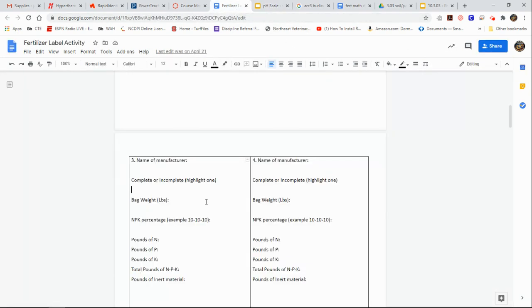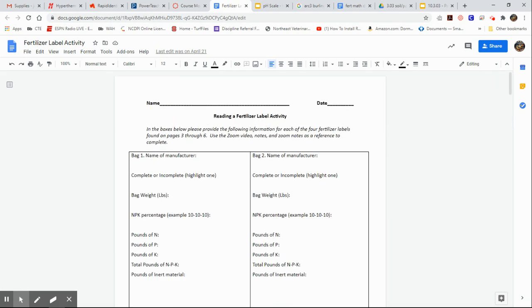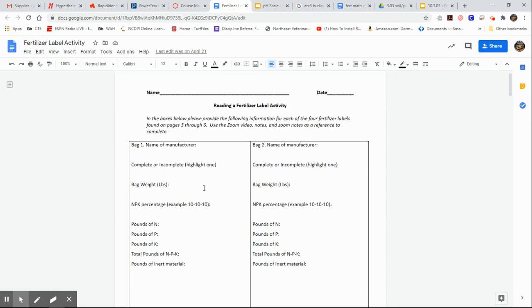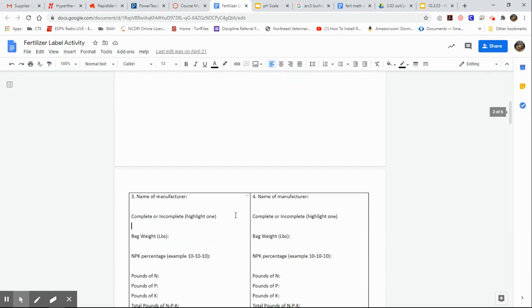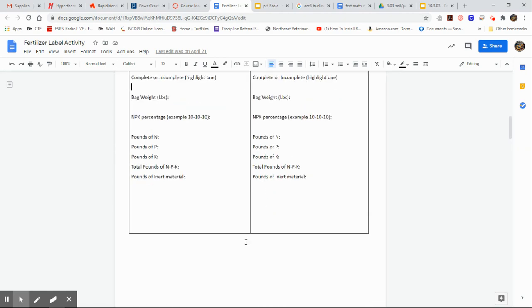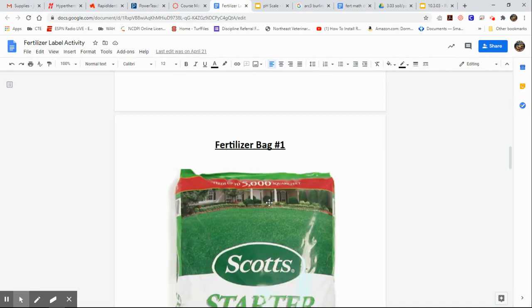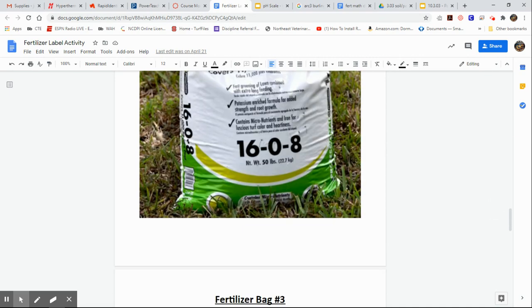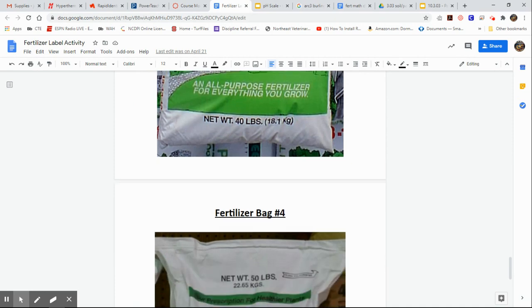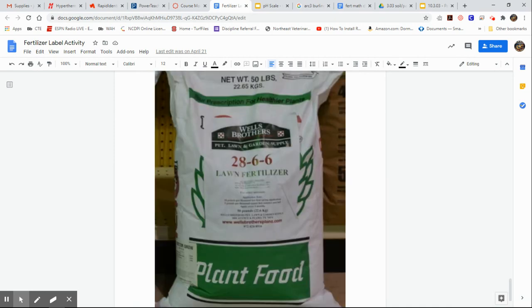The second thing that we have is a fertilizer labeling sheet. So yesterday we went over how to calculate the weight of your nitrogen, phosphorus, and potassium. That's the N, P, and K of your fertilizer. So we have problems 1, 2, 3, 4, and then we have fertilizer bag 1, bag 2, bag 3, and bag 4.